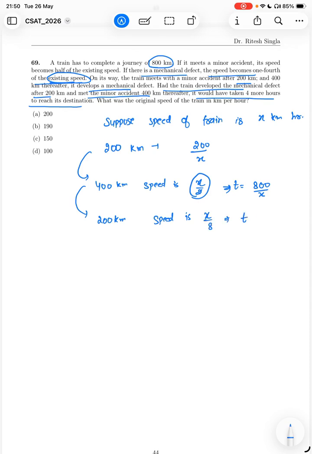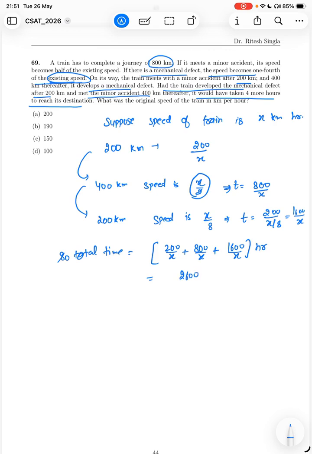So time will be 200 upon x upon 8, which is 1600 upon x. So total time is 200 upon x plus 800 upon x plus 1600 upon x hours, or you can say 2600 upon x hours.